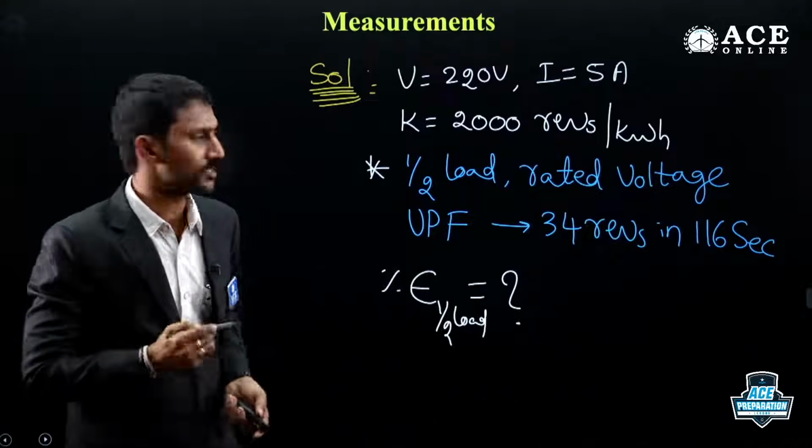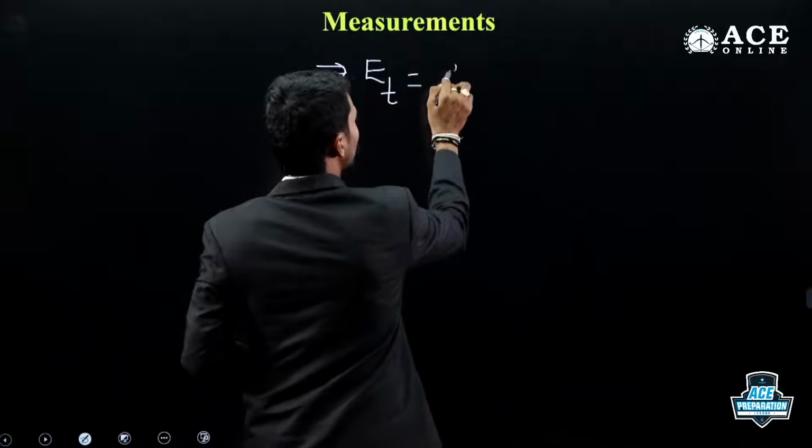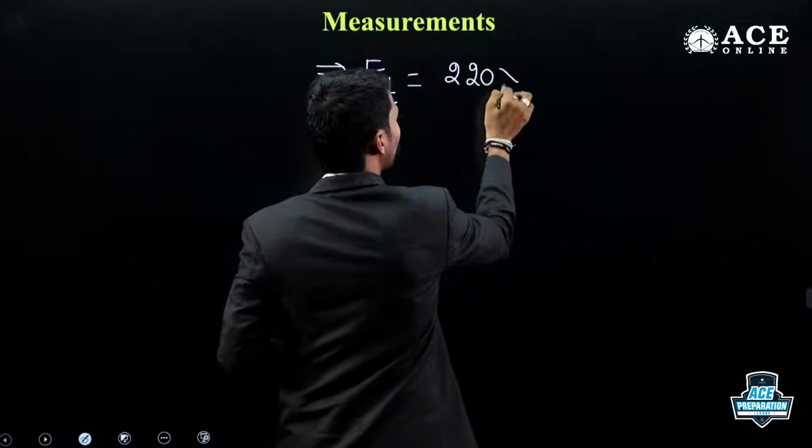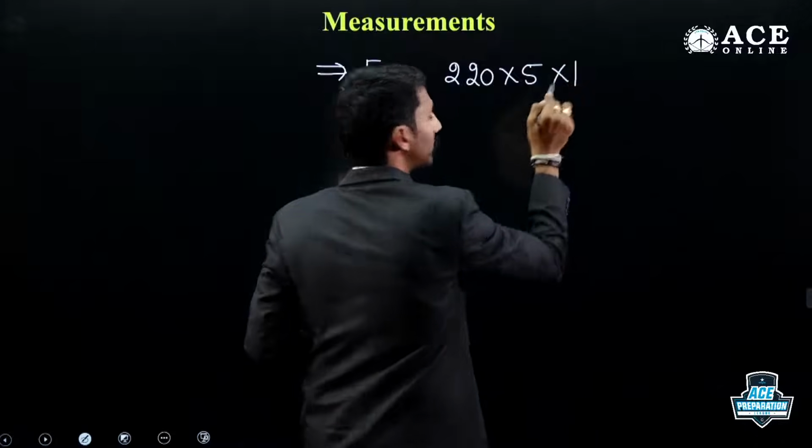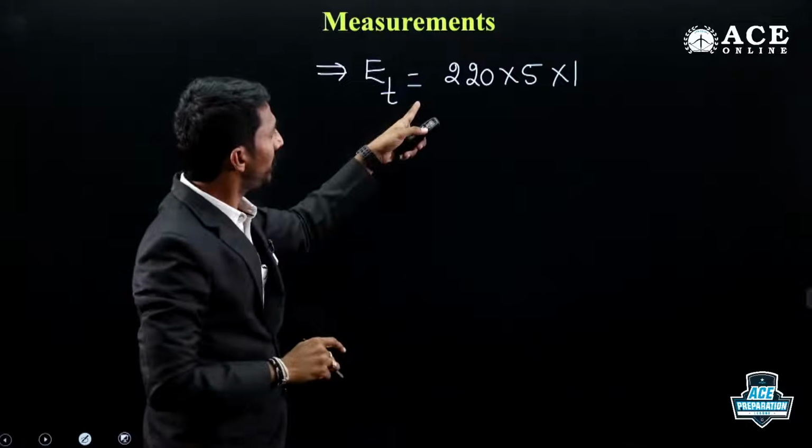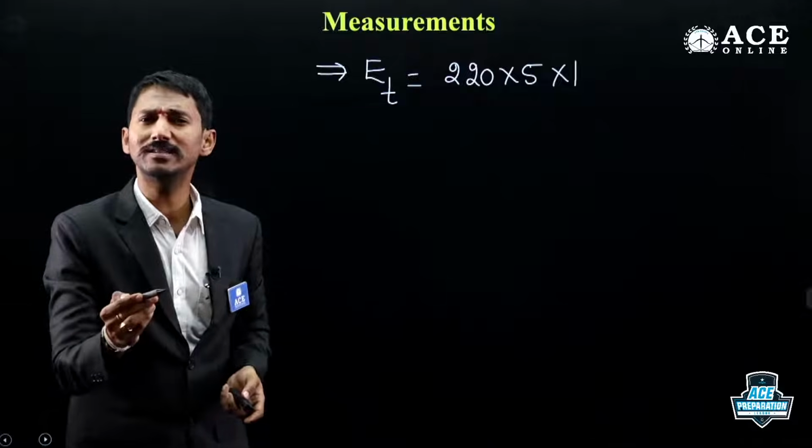116 seconds of operation. So voltage is 220, current is 5, power factor is 1. But, sir, V into I into cos phi is always in terms of watts.